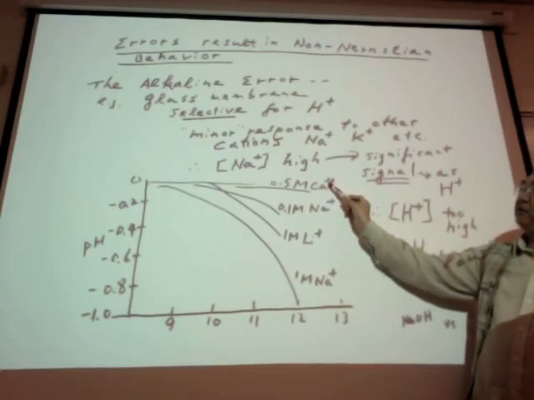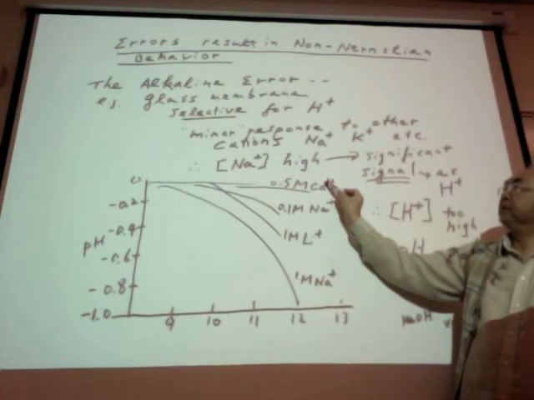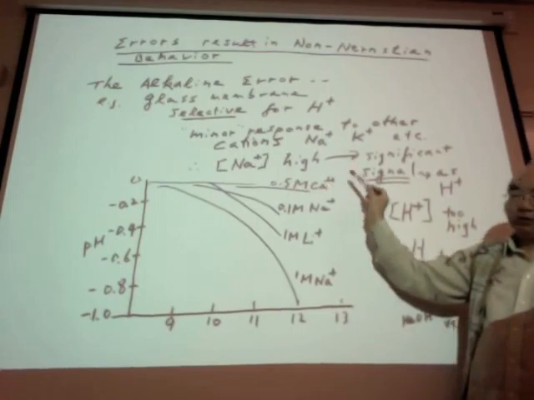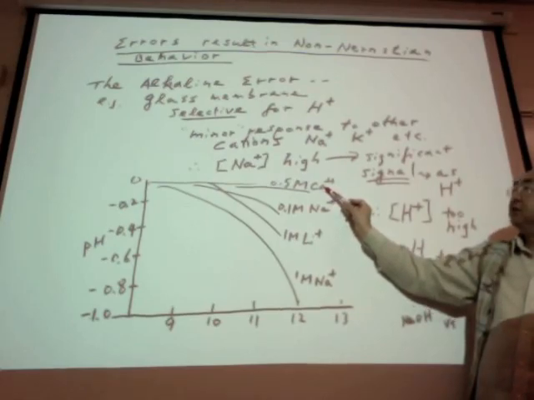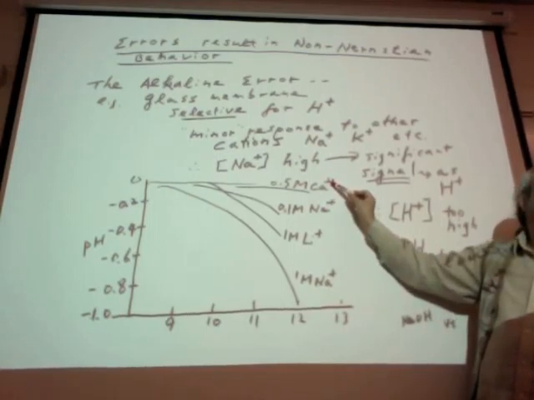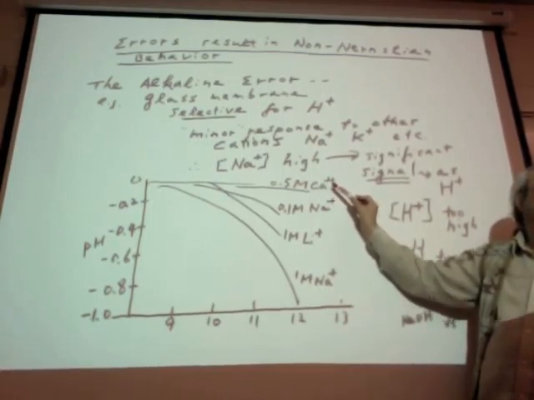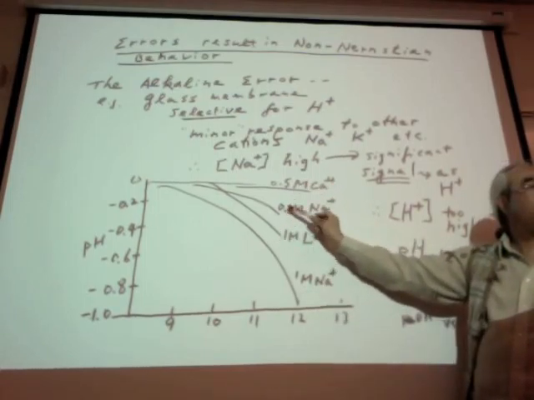And the 2 plus ions, even at higher concentration, have less effect, because your electrode is selective for single plus. So the effect from single plus is greater than from non-single plus. Any question with seeing this graph?